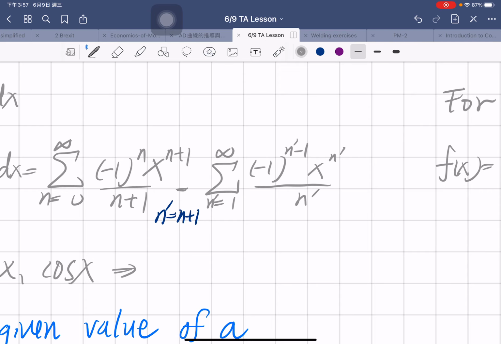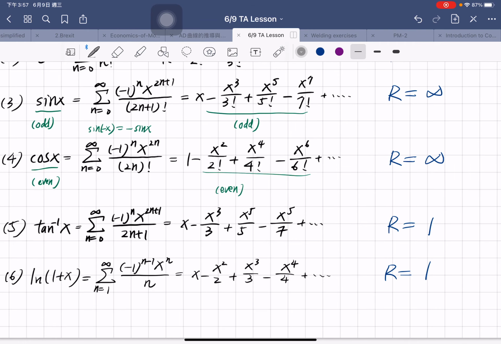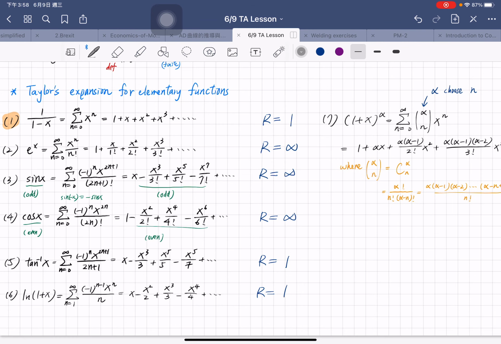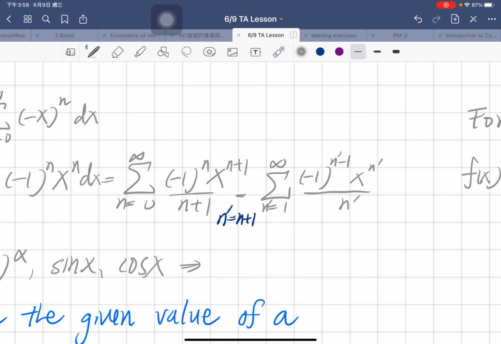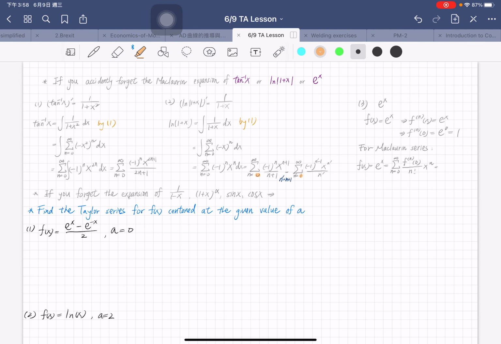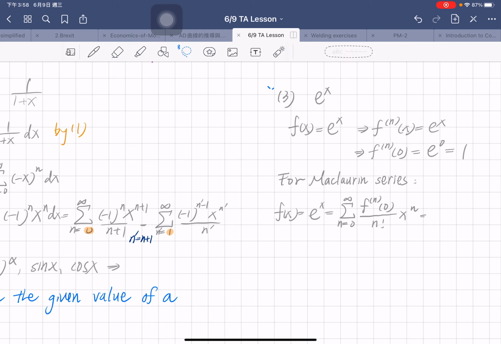So this will be identical to the one in front. You just change n prime back to n, and you will get the same answer. The only difference is that this one starts from 0 and that one starts from 1. So you can choose any one you want to use, corresponding to the situation you encounter.